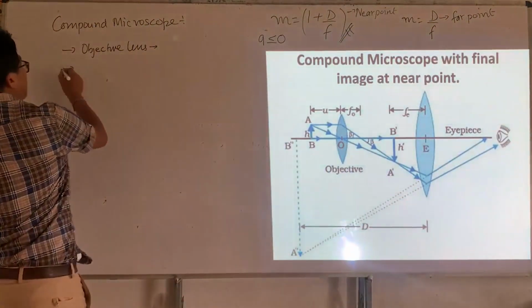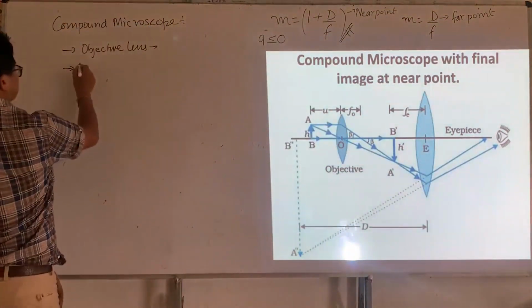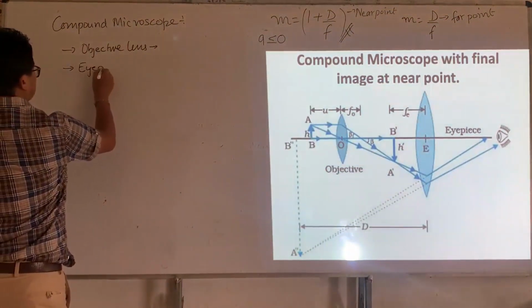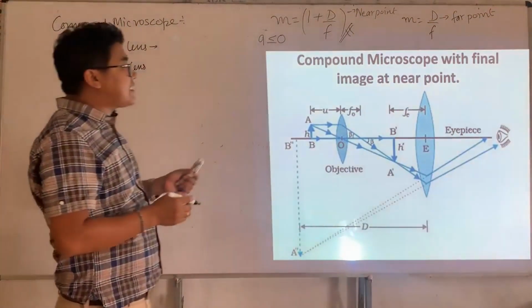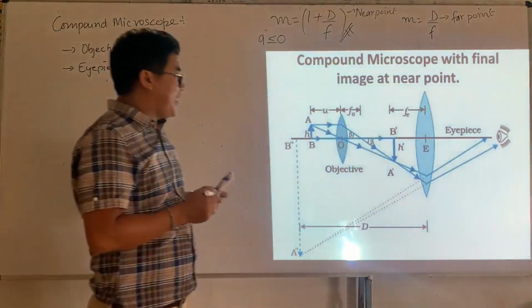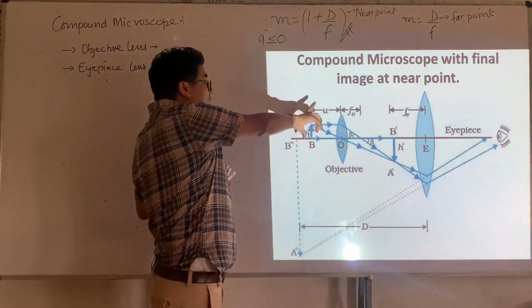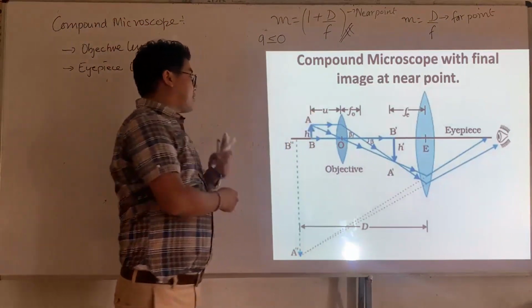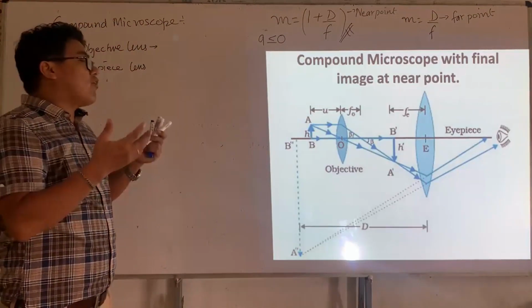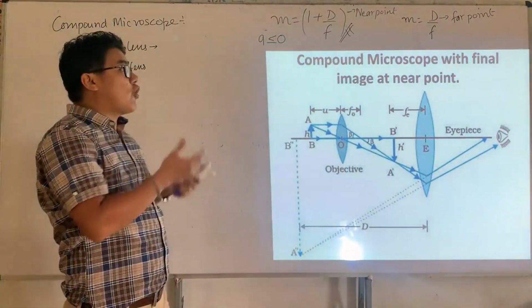The eyepiece lens is the lens which is close to your eye. Alright, this is what we have. In a compound microscope, the objective lens is normally of a short focal length. We prefer an objective lens of a short focal length.